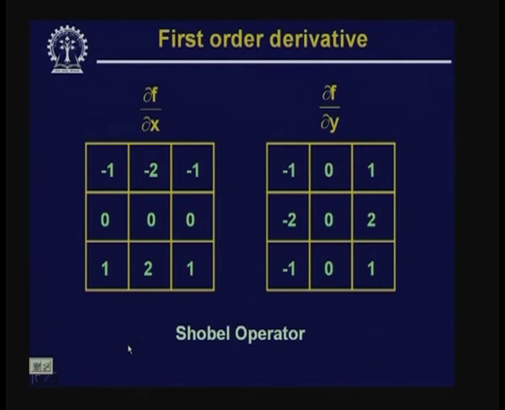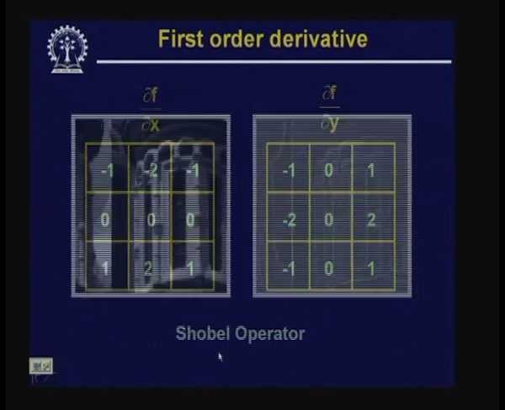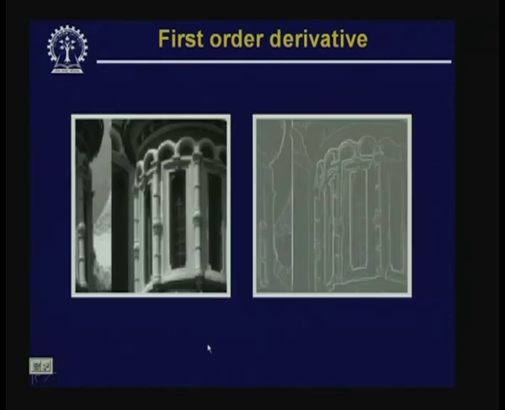So, for computing the first order derivative along x direction, the left hand side shows the mask, and for computing the first order derivative along y direction, the right hand side shows the mask. And later on we will see that these operators are known as Sobel operators. And when we apply these first order derivatives on the images, the kind of processed image that we get is like this.